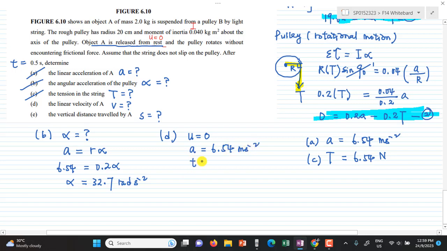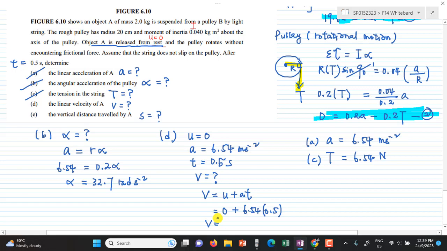Then after time 0.5 second, I want to determine the final speed of A. So I can use the kinematic equation V equal to U plus AT. I use the kinematic equation because object A performs linear motion. So I'm going to have 0 plus 6.54 times 0.5.